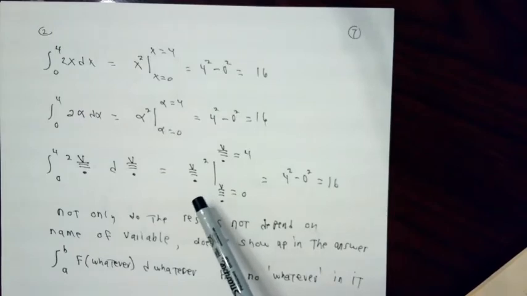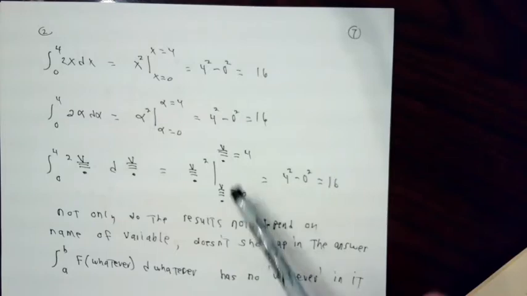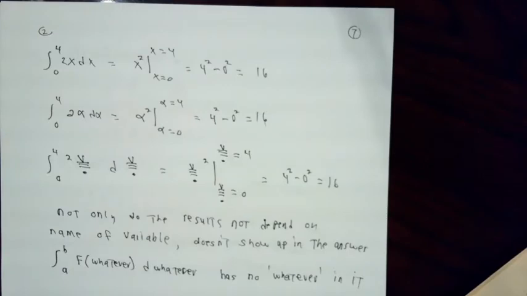Antiderivative, you square the funny symbol, you substitute for its values 0 and 4, and end up with 16 for an answer. When you do a definite integral, the name of the variable doesn't show up in the answer. This is going to be a comment that will be rather useful to us.